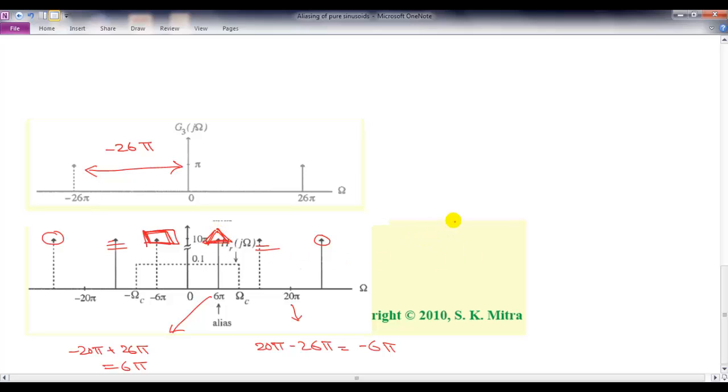But when you do the recovery, you still end up with two impulses, one at minus 6 pi and one at 6 pi, with area of pi. This is your g hat of j omega, and if you take its inverse Fourier transform, you again get cosine of 6 pi t.